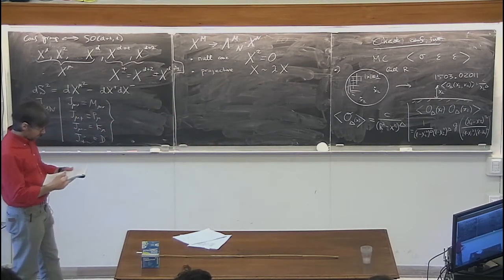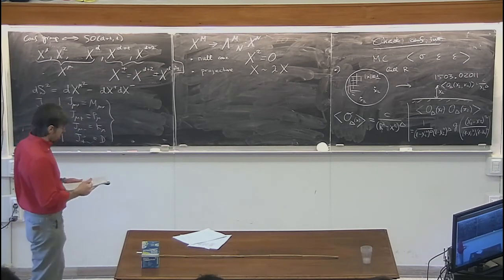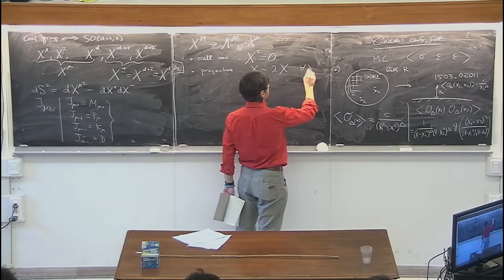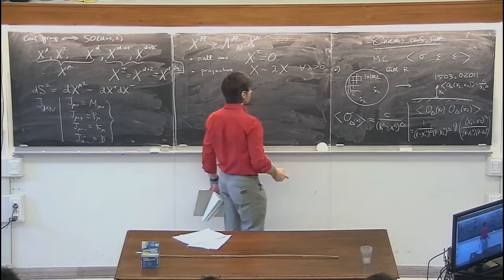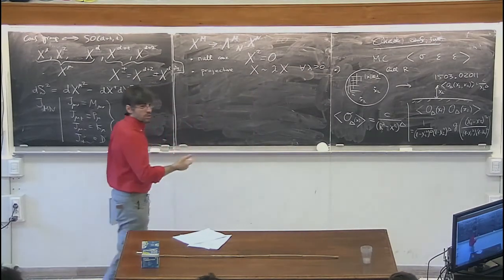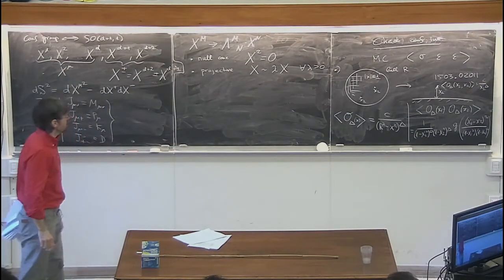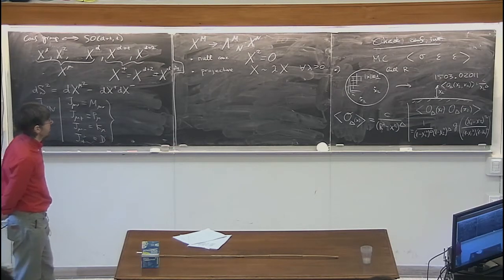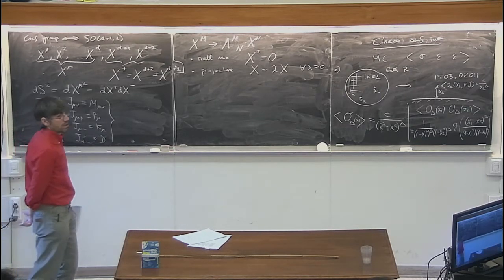So I'm going to identify points x with lambda x for any positive lambda. So here we go. So this again is a representation, and I got rid of one more coordinate. So I have a d-dimensional manifold on which my Lorentz group acts.